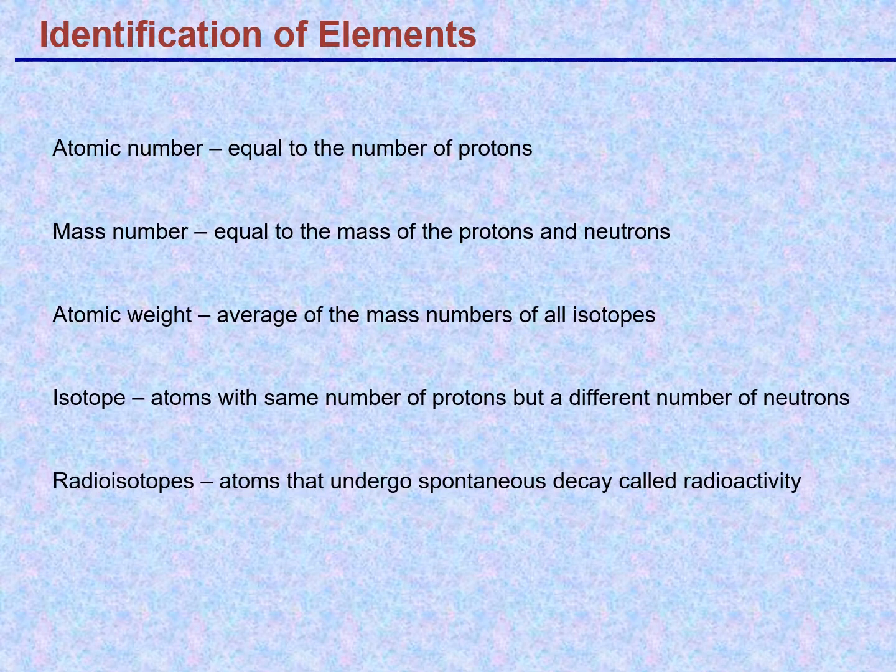I believe it takes into account the prevalence of each type. Radioisotopes are atoms that can undergo a spontaneous decay or change in their energy content. They can release a lot of energy, and that energy released is called radioactivity. So an isotope is not necessarily radioactive, but radioisotopes are.